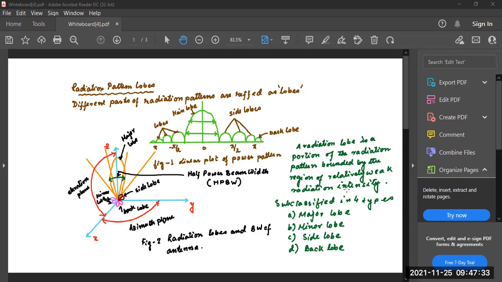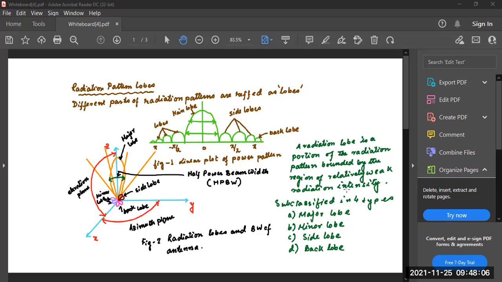We have already discussed refractive index and all that. Now today we are going to discuss the antenna parameters. Does anybody have any problem with antenna parameters? I think there must not be any problem, because we have already discussed the antenna parameters very wisely.